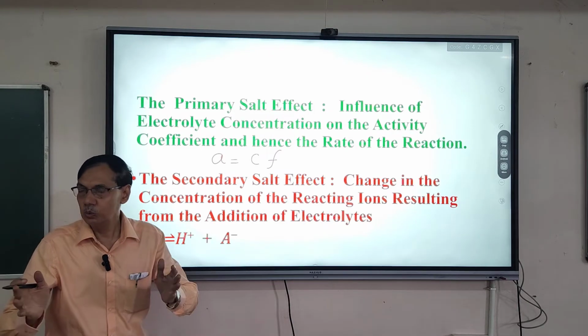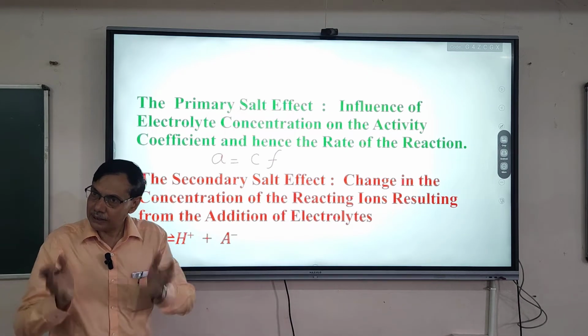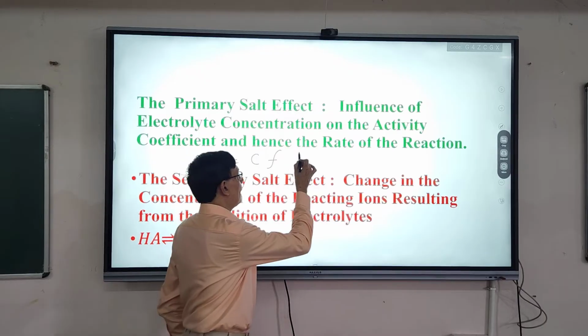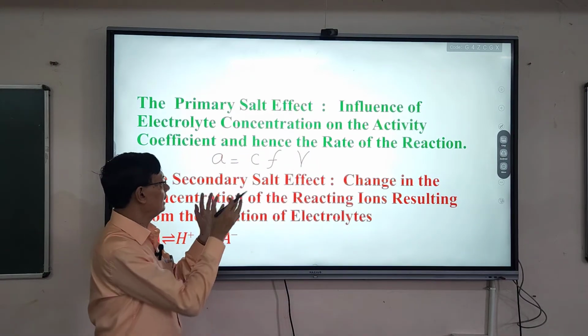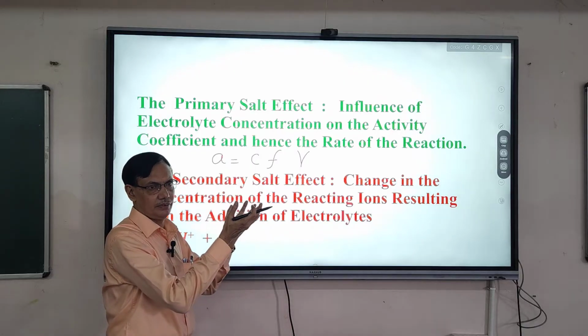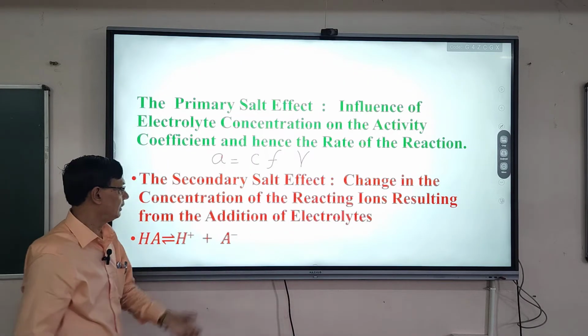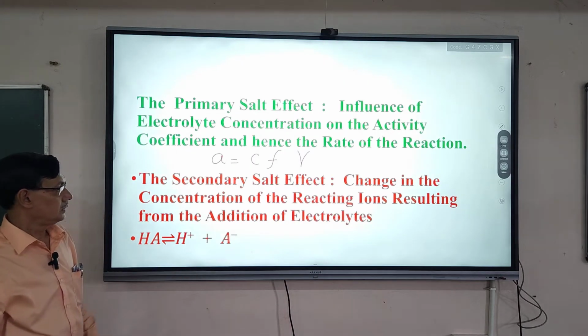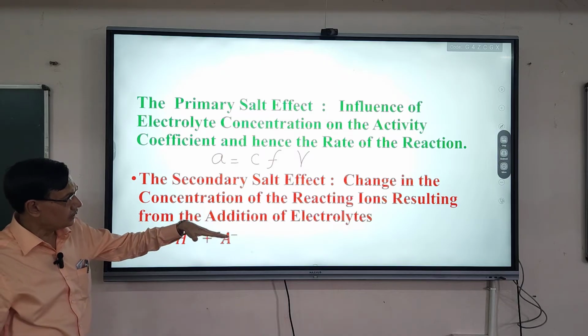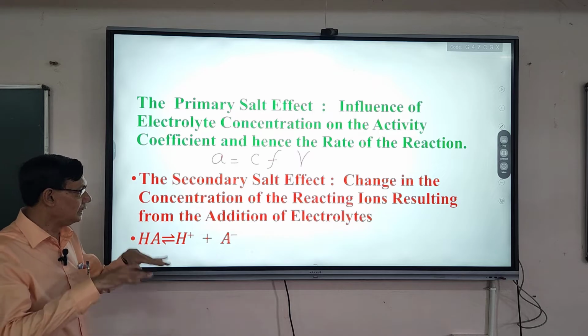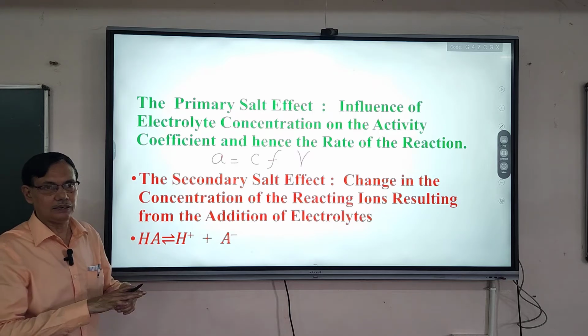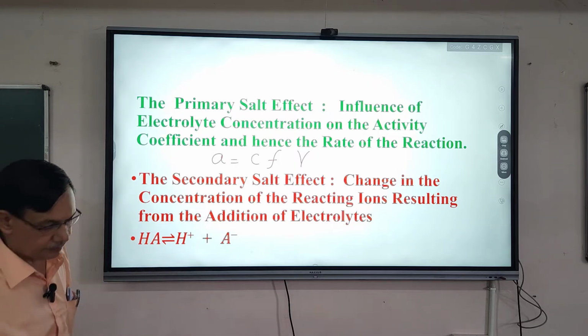Now it is up to you whether you write the activity coefficient as f or gamma, whatever it is. So absolutely no problem. Naturally it is related to the concentration. But if it is a secondary salt effect, it is the change in the concentration of the reacting ions on the addition of the electrolytes. So that is secondary salt effect.